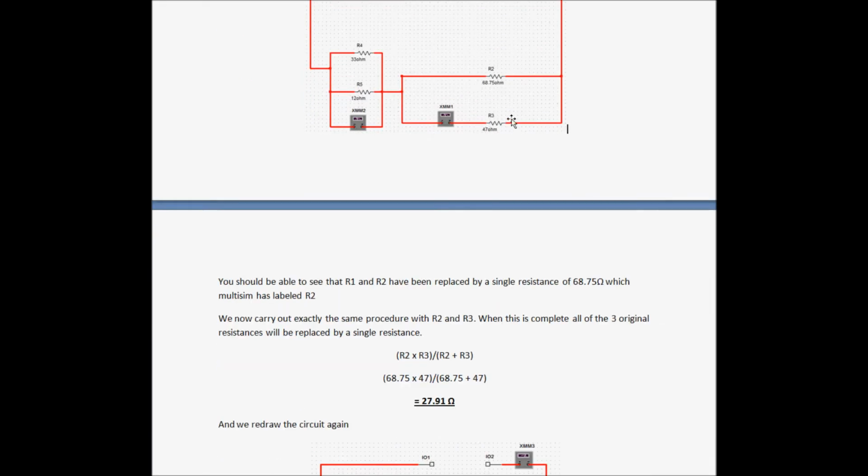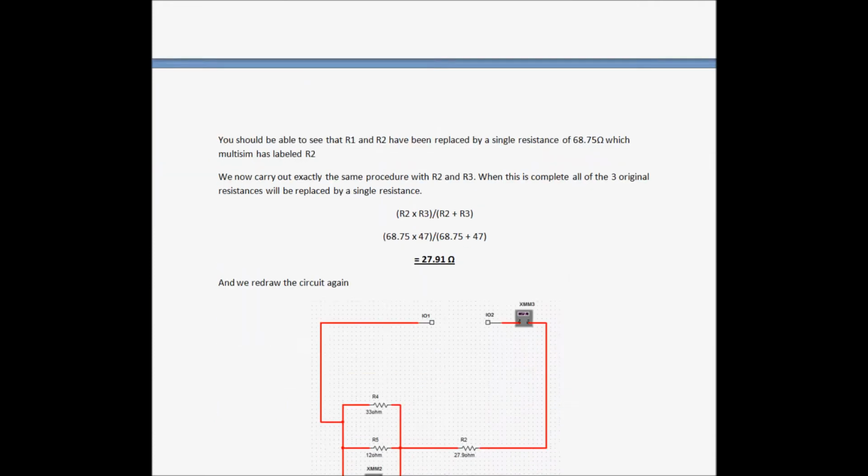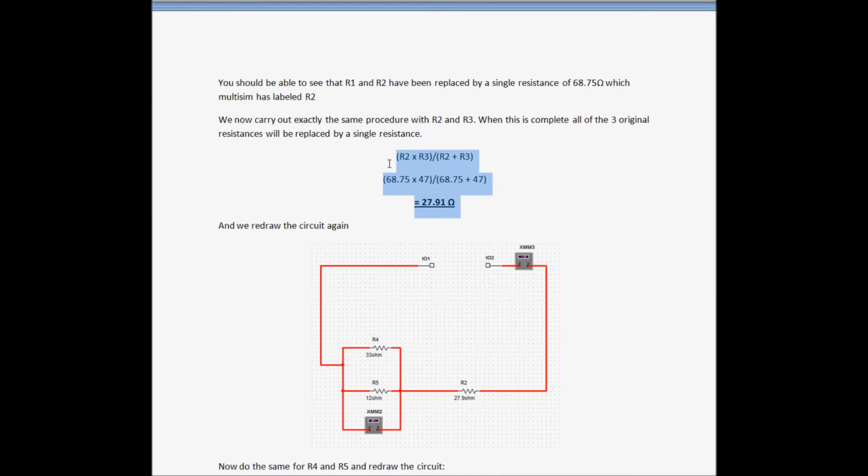Once you've done that stage, you will apply the same technique between R2 and R3 to find the value of these two resistances together. That's what's happened here. And you can see that the total resistance of those three resistors is 27.9 ohms, represented here as one resistor.